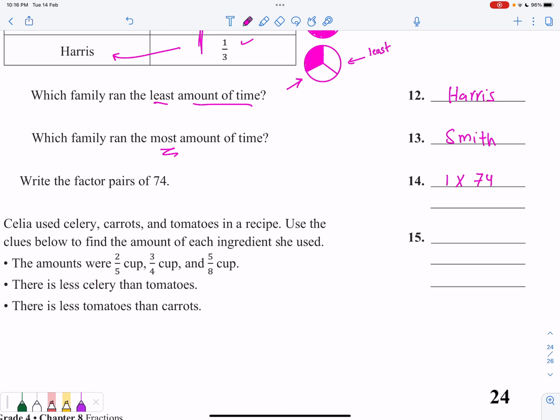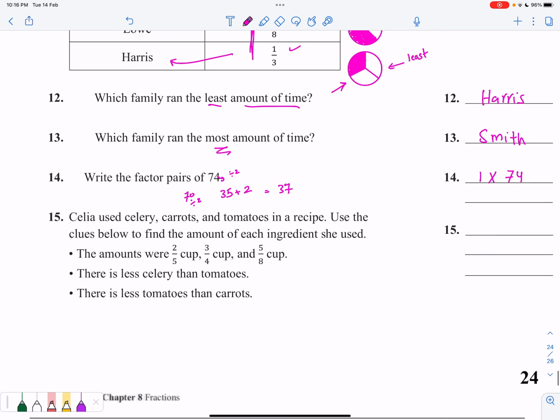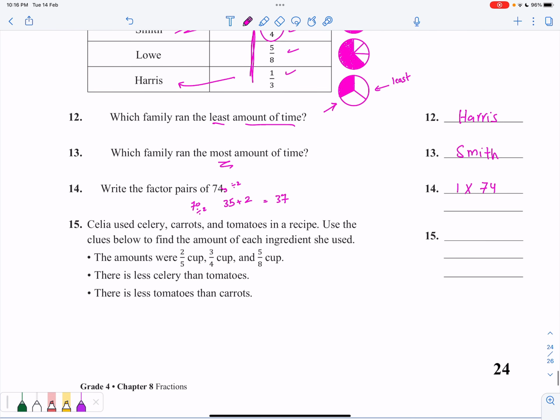Actually, yes, because if we cut the 74 into 2 parts, the 4, if you divide it by 2, you will get 2, right? 4 divided by 2 is 2. And 70, if you divide it by 2, you will get 35. So 35 and 2 is equal to 37. So we can make the 74 by multiplying 2 by 37.